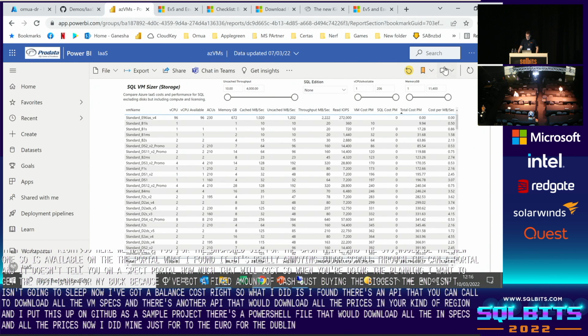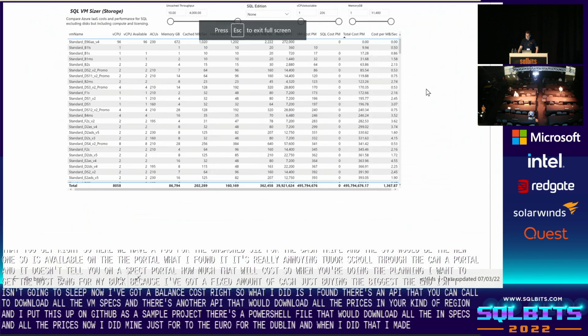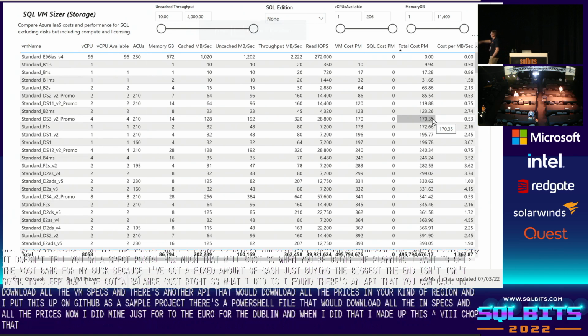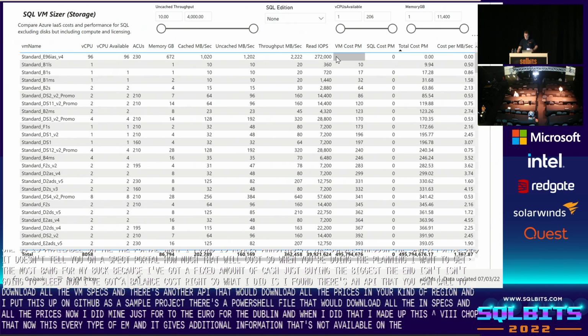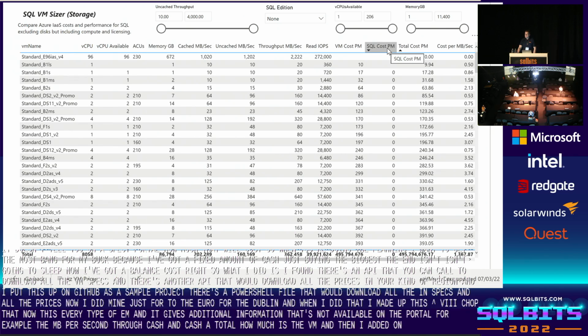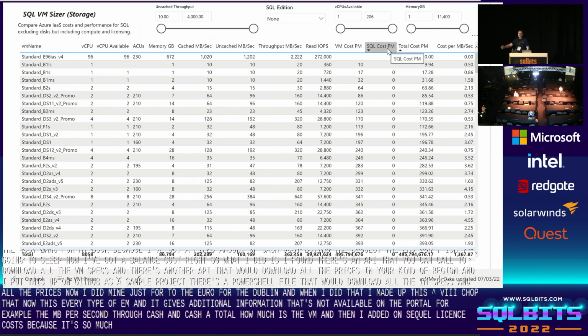And when I did that, I made up this Power BI chart that now lists every type of VM, and it gives additional information that's not available on the portal. For example, the megabytes per second throughput, cached, uncached, and total, how much is the VM, and then I added on SQL license costs, because it's so much per core if you're renting.